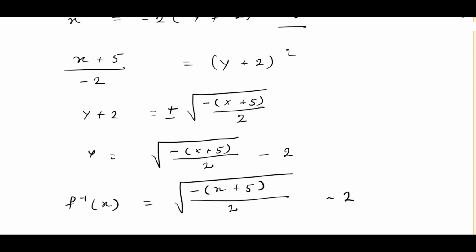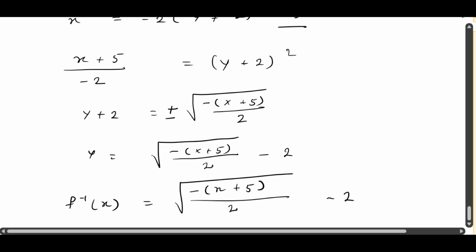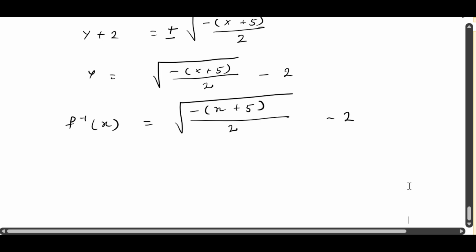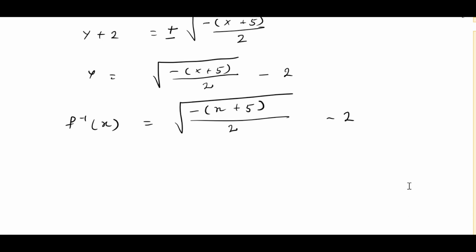And as it is plus or minus, in the next step what will we choose? y is f inverse x, and f inverse x is minus square root of (x plus 5) divided by 2 minus 2.